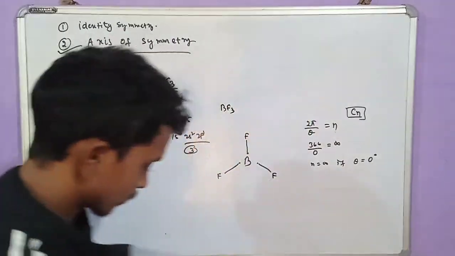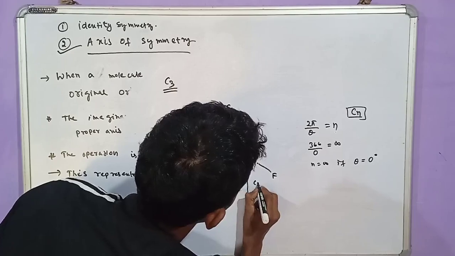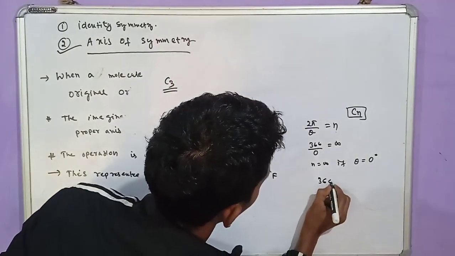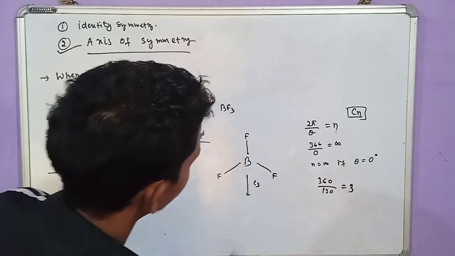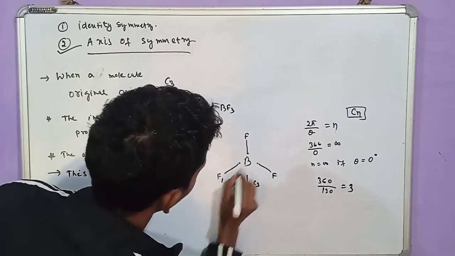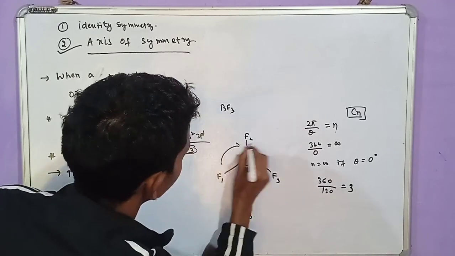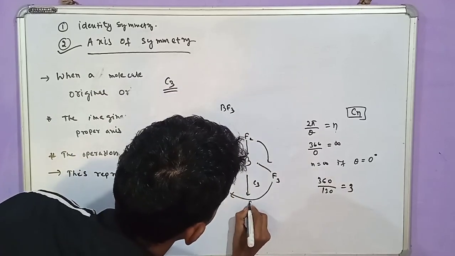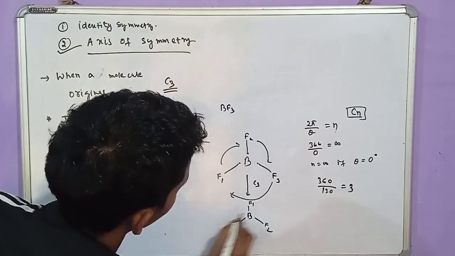So here I do C3, because if I pass C3, that is 360 upon 120, that is equal to 3. So I will pass C3, and this is F1, this is F2, let's say this is F3, then it rotates like this. So here it will go F1, here it will go F2, and here F3.